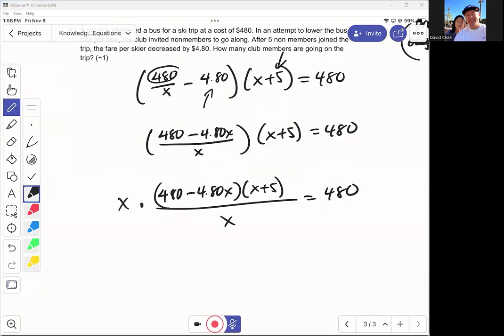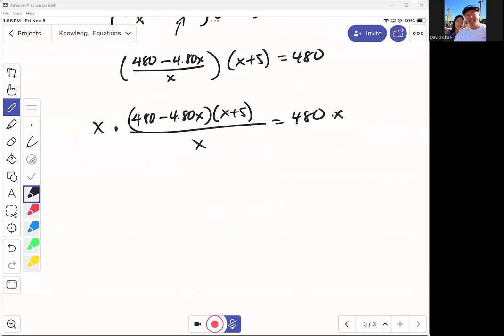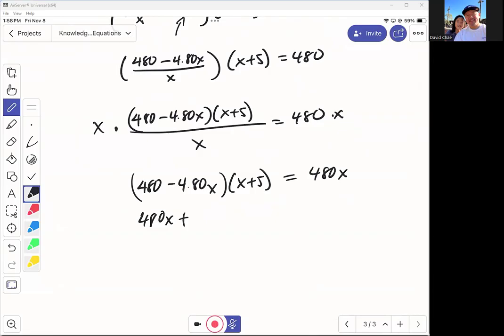Multiply both sides by x, right? So that equals (480 minus 4.80x)(x plus 5) equals 480x. Then it'll be 480x plus, what's 480 times 5?